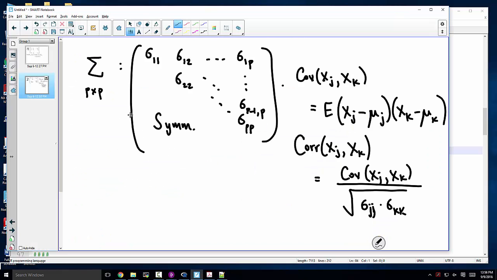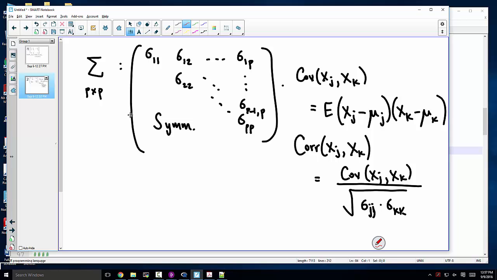Okay, so here's the short story. With a covariance matrix like this one, let's consider creating new variables. I want to take my p variables and use them to create new variables. There's an infinite number of ways you could do that.